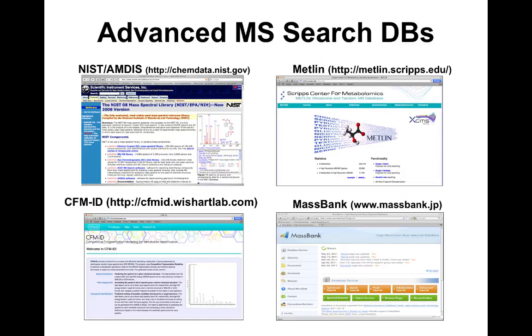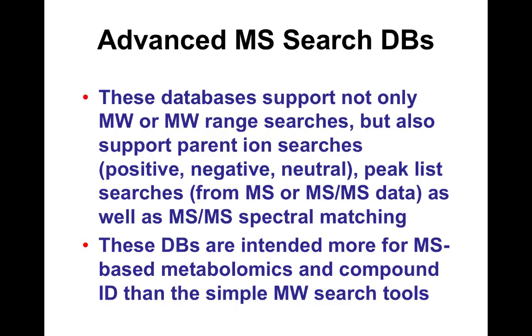METLIN has a variety of spectra for QTOF and ion trap, MassBank, and then we'll talk about another tool called CFM-ID. So it's not just simply mass searches, but parent ion, peak list searches, as well as spectral matching. So this is more proper, more correct, although there are caveats.